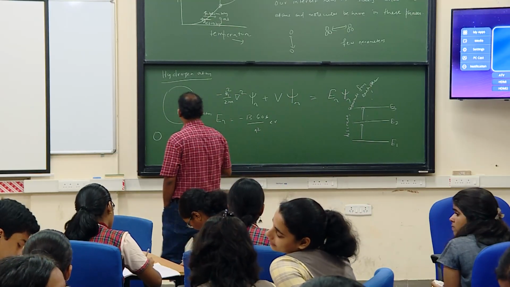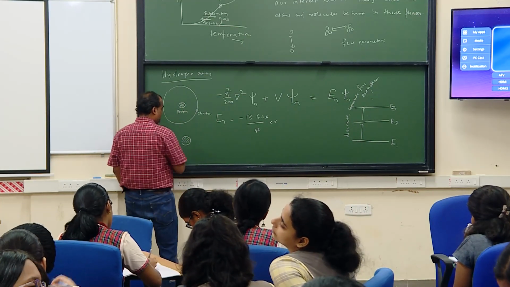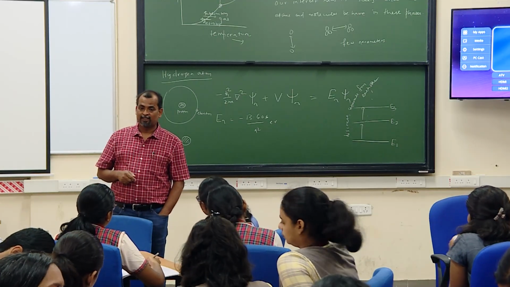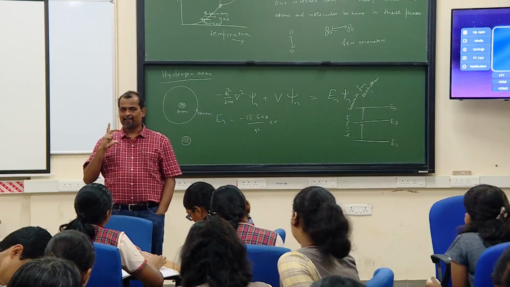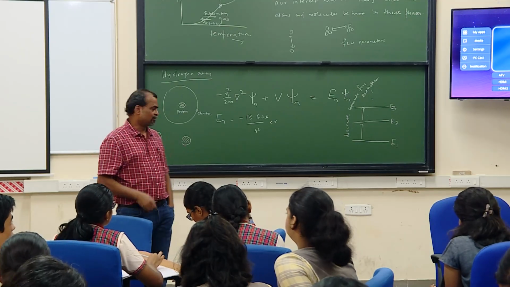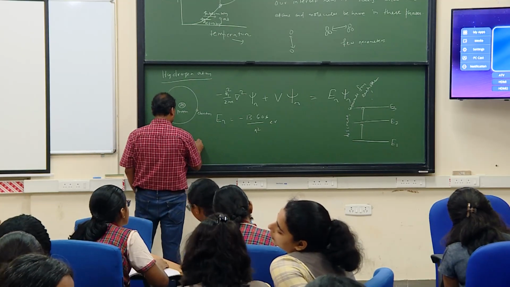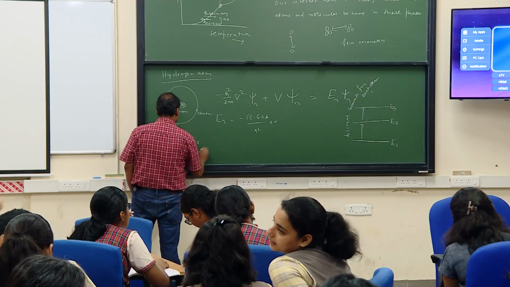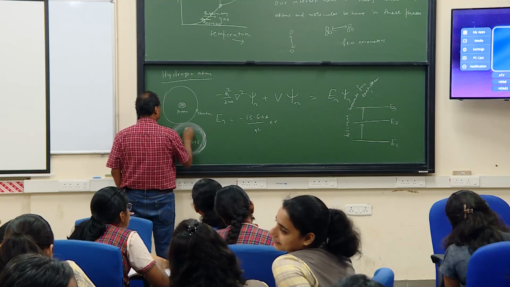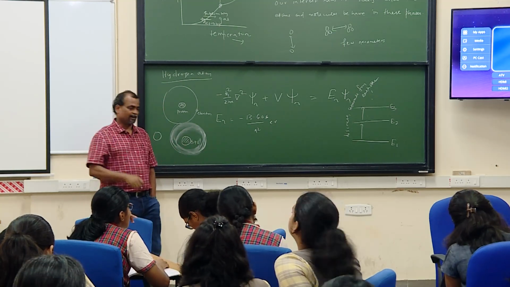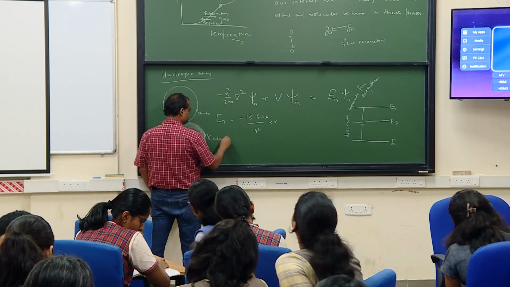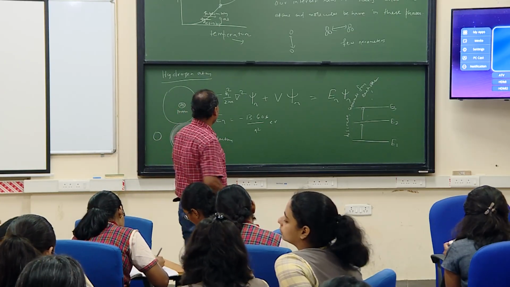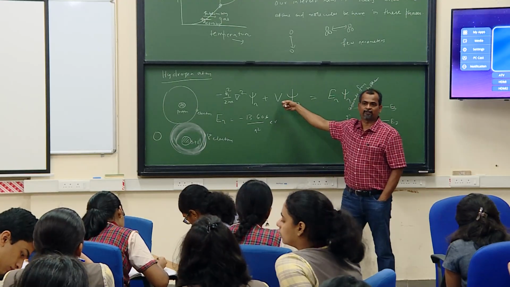So then it has 8 protons, and then what else? 8 neutrons. So you have protons plus neutrons, and then around it you have 8 electrons. Am I correct?